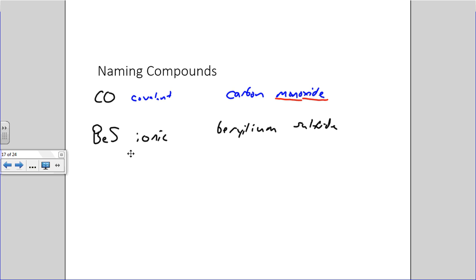Next, we have CaSO4, which is another one we used as an example. CaSO4. This is 1, 2, 3 different elements. That makes it polyatomic, which I guess we did as red.